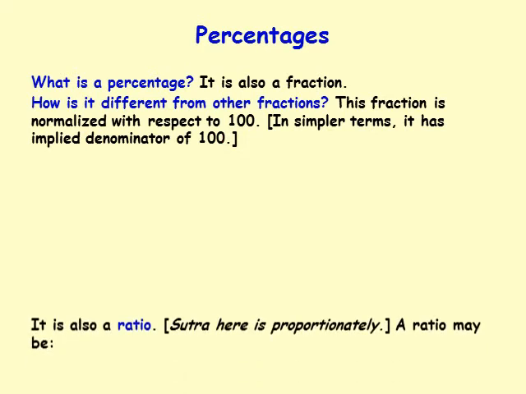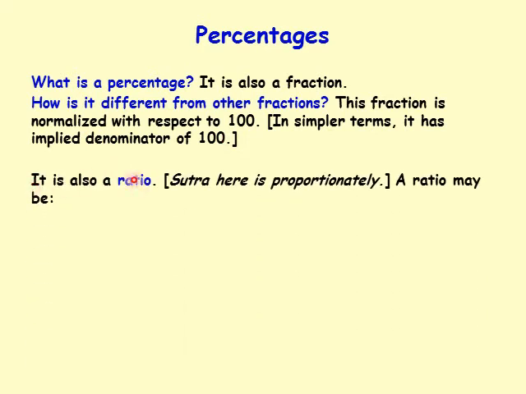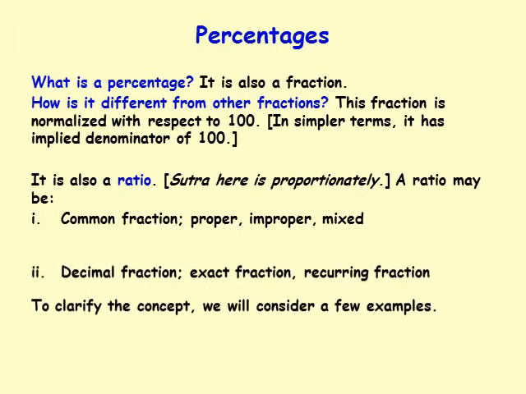Let's continue here. It's also a ratio, and the key idea here is proportionality. So percentages are ratios, and for ratios we use proportionality. A ratio may be a common fraction, which might be a proper fraction, improper fraction, or mixed fraction.